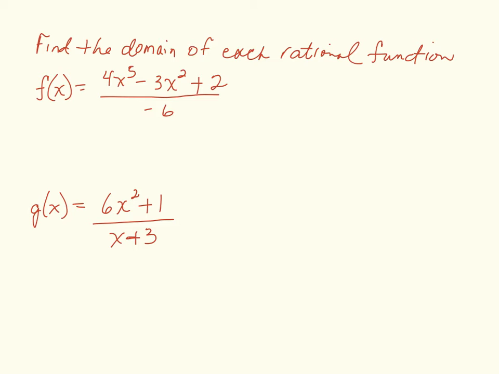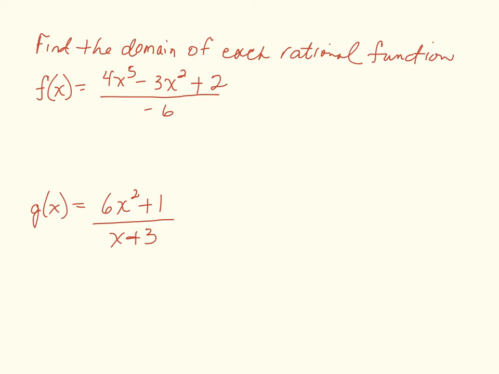In other words, you want to know what values will make the denominator 0, and you want to exclude those values from your list of numbers. Is there even a variable in the denominator? There's no variable in the denominator. There's no place to put a number to even try to make the denominator a 0.